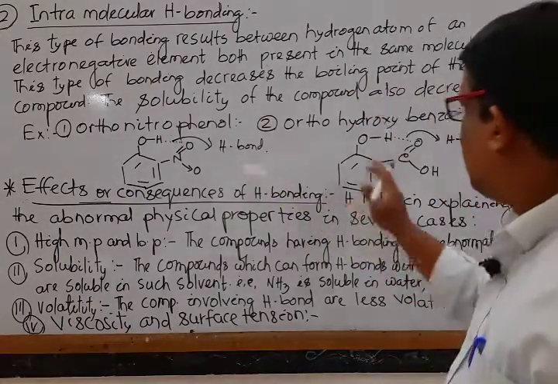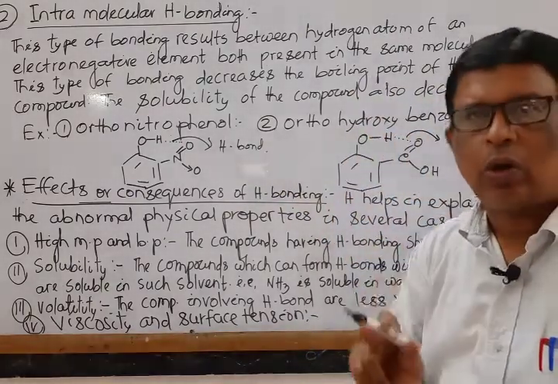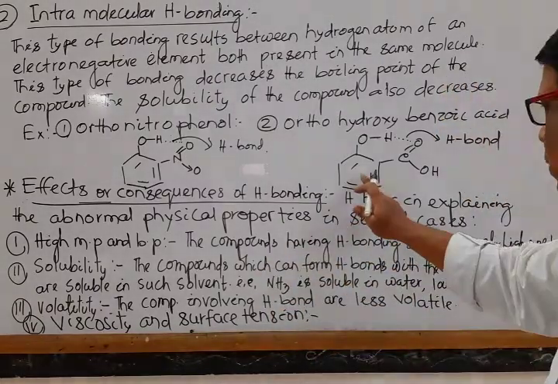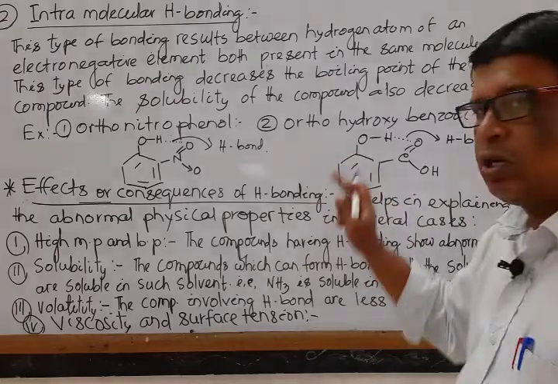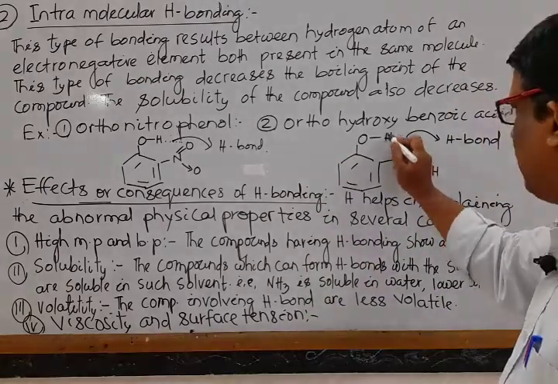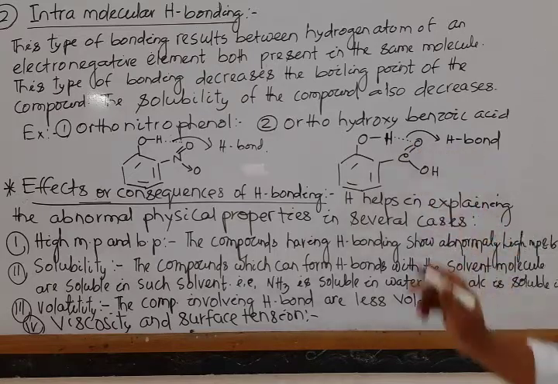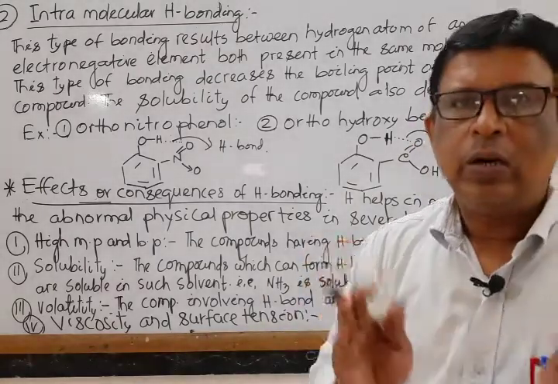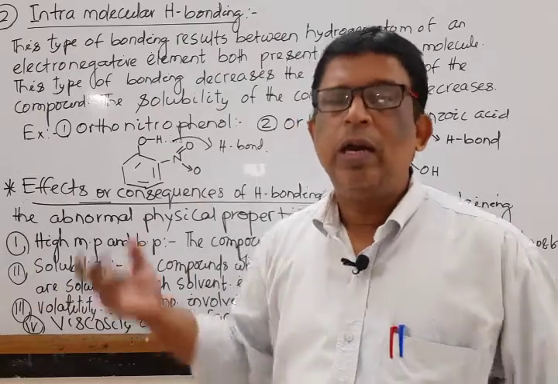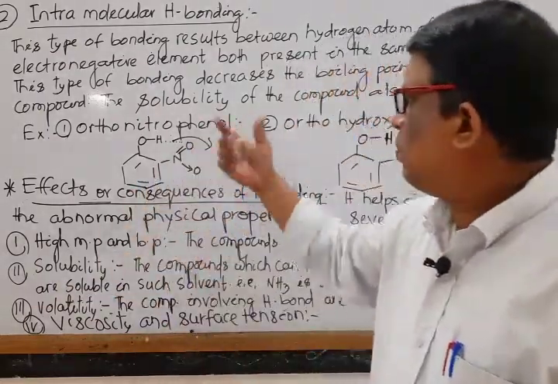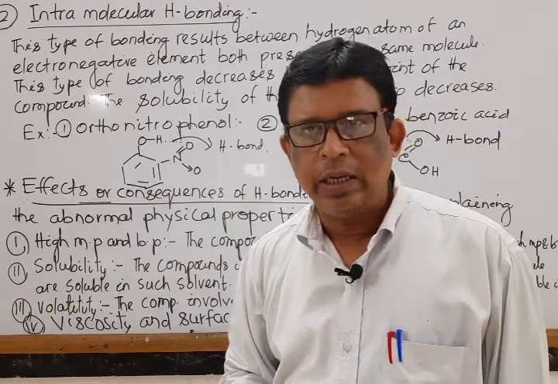The second one is O-hydroxybenzoic acid, ortho-hydroxybenzoic acid: benzene ring, COOH, benzoic acid, and at the ortho position OH is there, with hydrogen electropositive and oxygen electronegative. This dotted line is known as the hydrogen bond. Due to fewer bonds between molecules, the melting point and boiling point decrease, as well as the solubility.